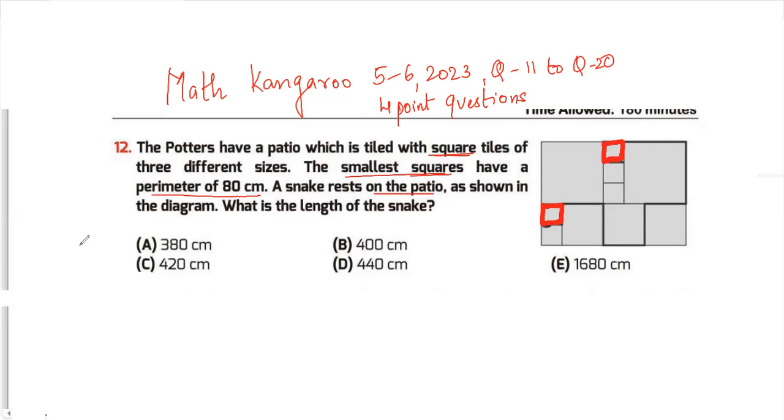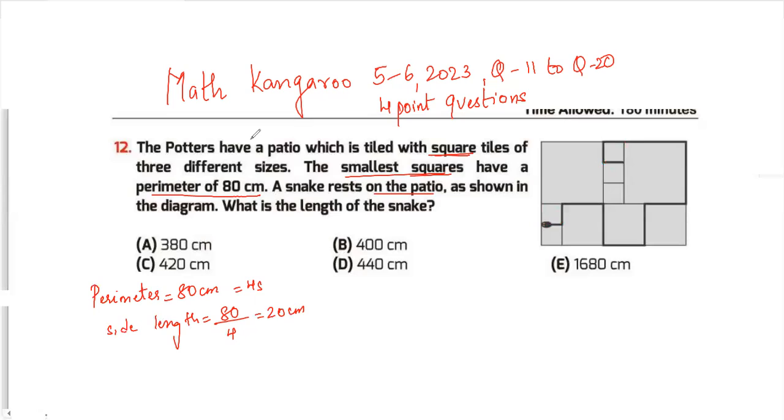So they're saying the perimeter here is 80 centimeters. So what is the side length? The formula for perimeter is 4 times the side. So 4 times what will give me 80, or 80 divided by 4 gives me 20 centimeters. So each side length is 20 centimeters.